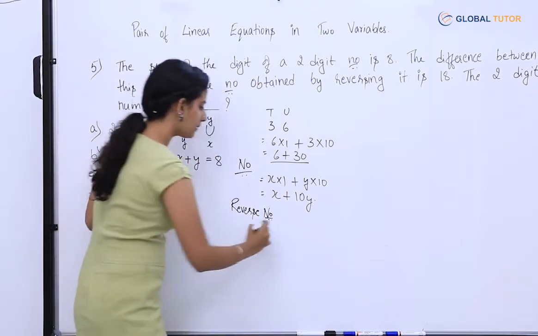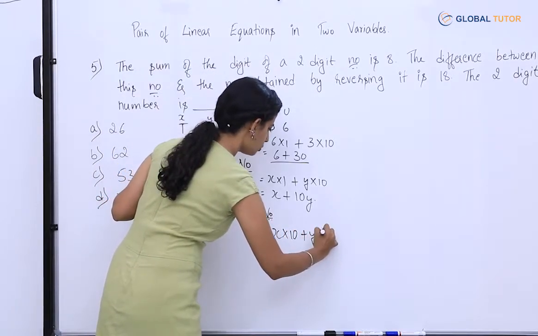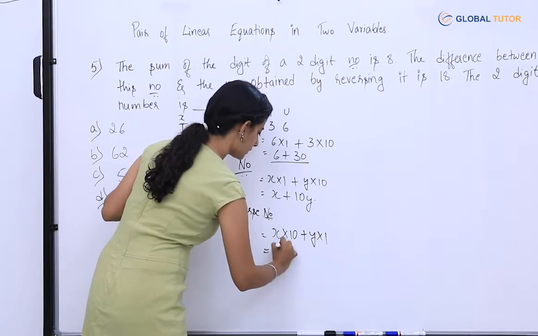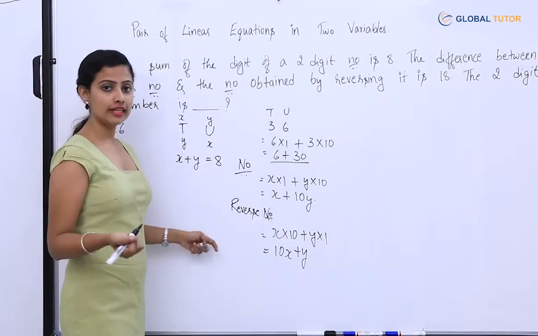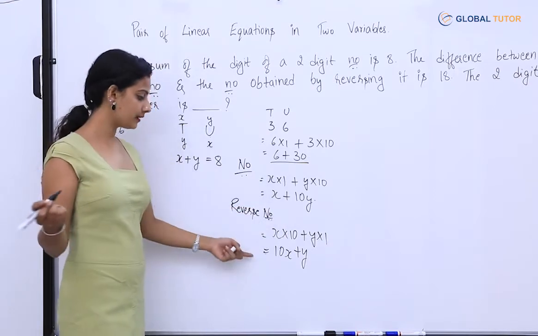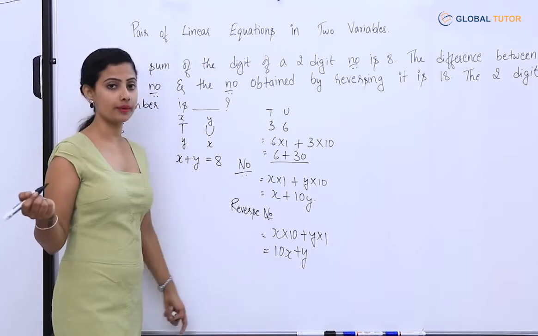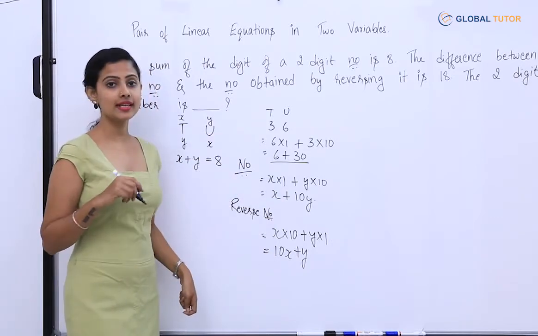So, what does it become? X into 10 plus y into 1, which is 10x plus y. We right now have an original number which is x plus 10y and the reverse number which is 10x plus y. In the question they mention difference between these two is 18.